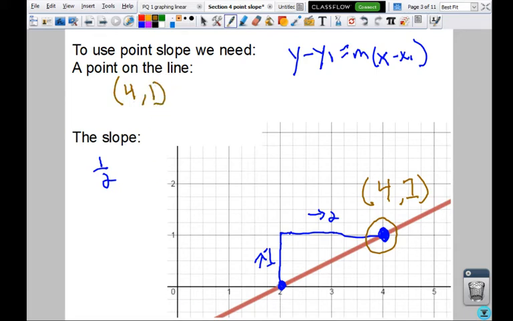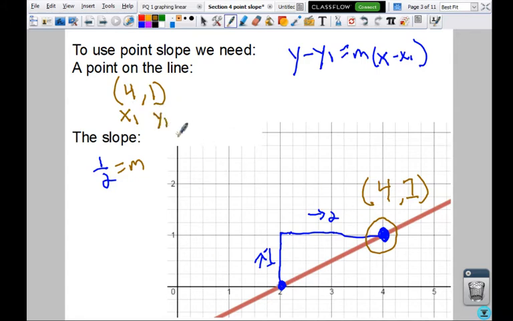Just like in y equals mx plus b, we replaced m and we replaced b. We're doing the same thing, except this time my slope goes in for my m. And then this point that I got from my line, this 4, 1, the 4 is my x, it goes into x1. 1 is my y, it goes into y1.